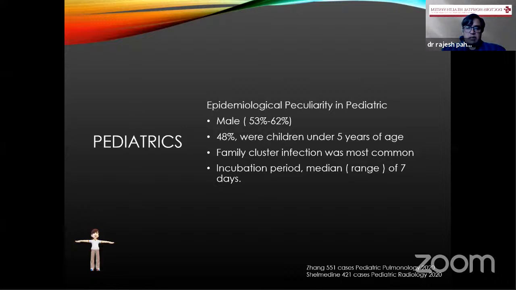Family cluster infection was most common. It is very important to note that the children are at home and not moving out, but it's the adults who move out and bring the infection to the house, and the children get affected because of this. The incubation period is less than 7 days.